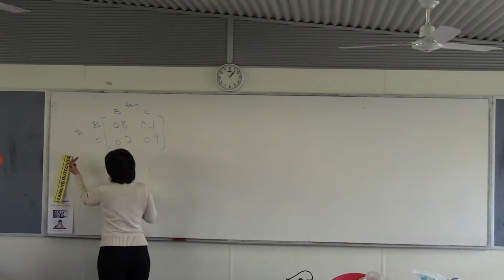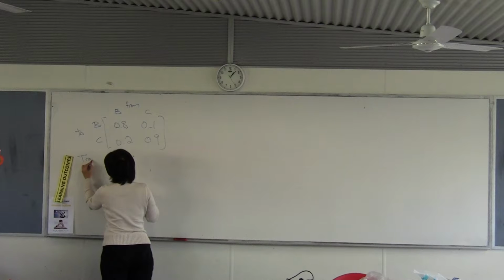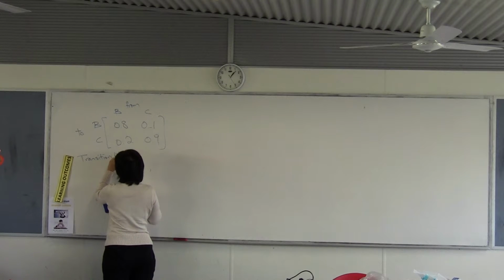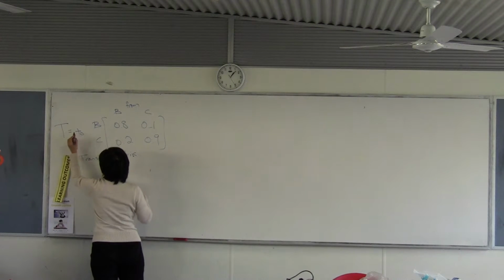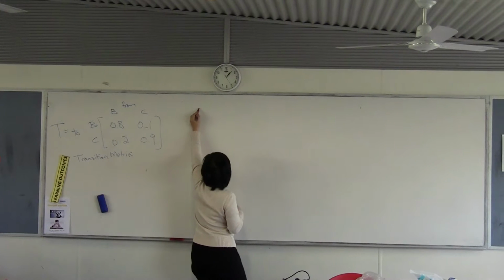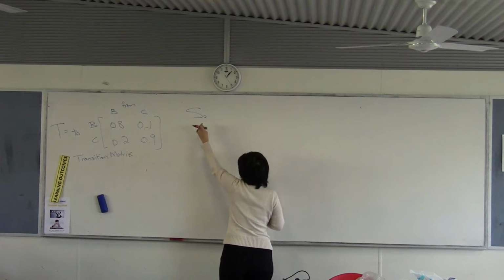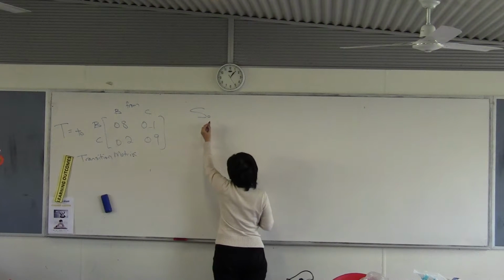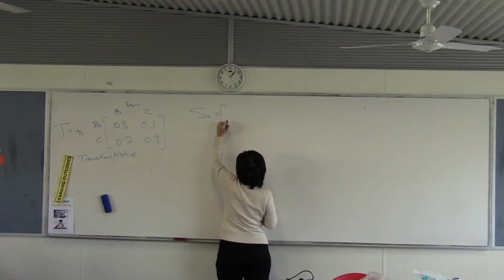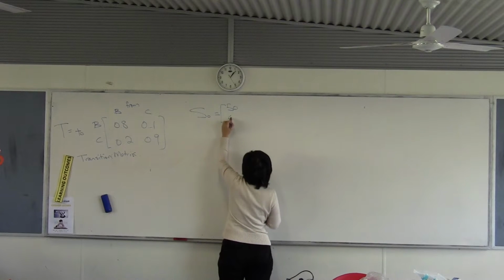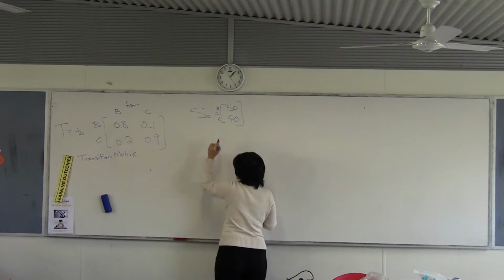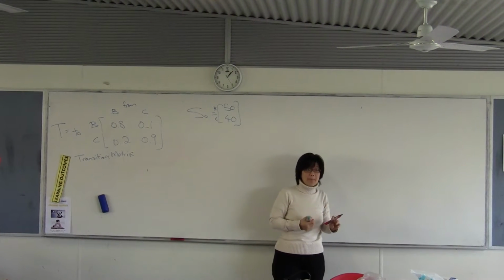Today we learned that it's called the transition matrix. So this is T. Then you've got the first state. S for state. S0 is the first state. You've got 50 and 40. Okay, that's Bendigo and Colac. So far, happy?